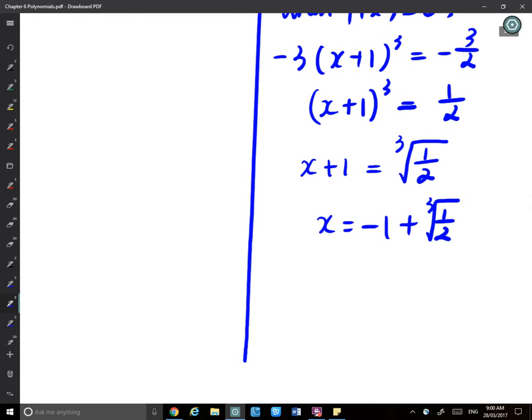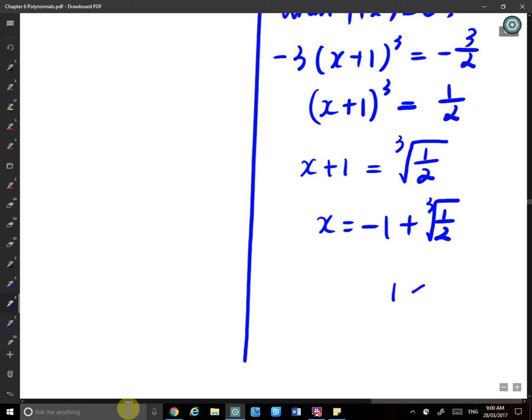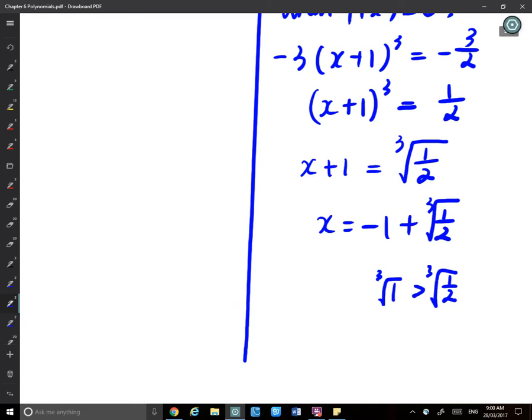Is a half smaller or greater than 1? Smaller than 1, right? The cube root of 1 equals 1. Then the cube root of a half must be smaller than 1, because a half is smaller than 1. The cube root keeps the same ordering, because the cube root is an increasing function.